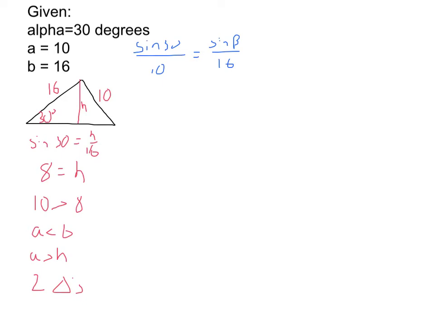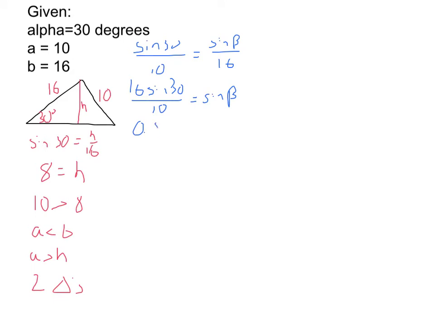If I multiply both sides by 16 to move that over here, I'll get 16 sine 30 over 10 is equal to the sine of beta. 16 times the sine of 30 over 10 gives me 0.8, so that's nice.